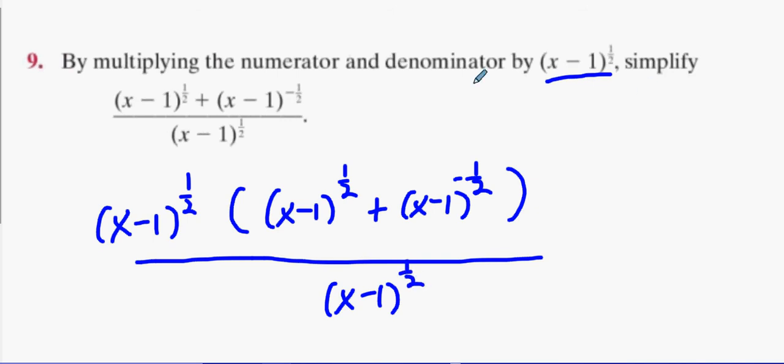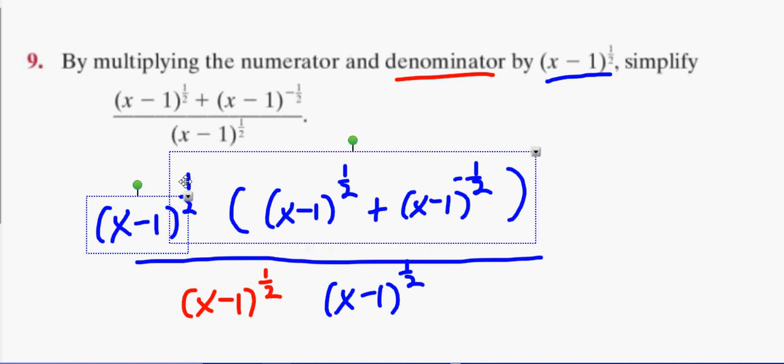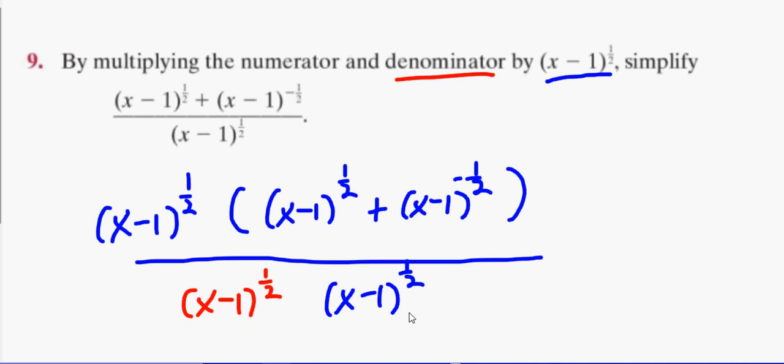But it told us to multiply the denominator as well, didn't it? So it told us to multiply the numerator and denominator by that amount, right?